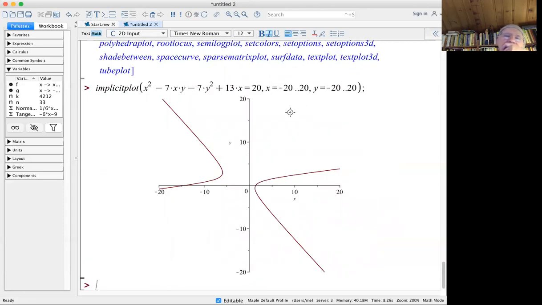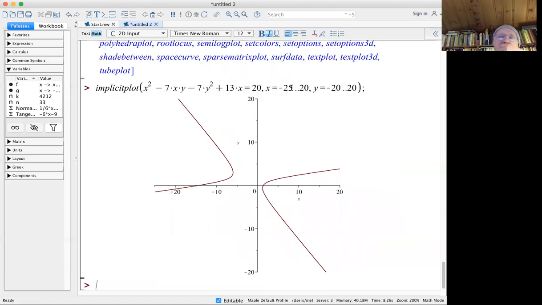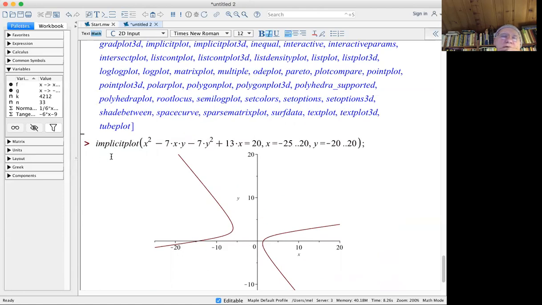Very pretty. So this is a hyperbola. So this is the plot, implicit plot.